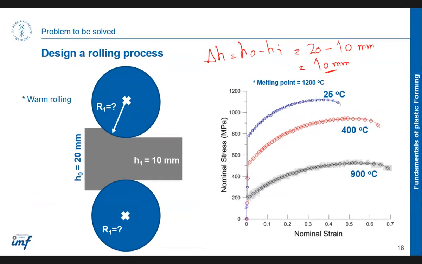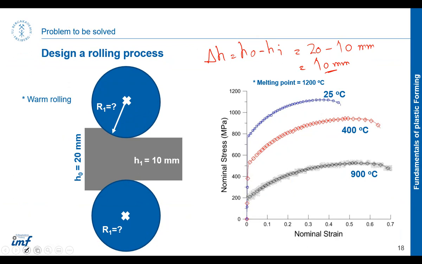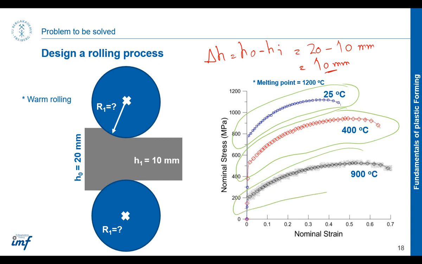So if I go here, generally what we were observing was that we are doing warm forming, so usually in this range. This is the curve for cold forming. This is the curve for warm forming of this material. This is the curve for hot forming of this material, where the melting temperature is 1200 degrees centigrade. Let me come back quickly.